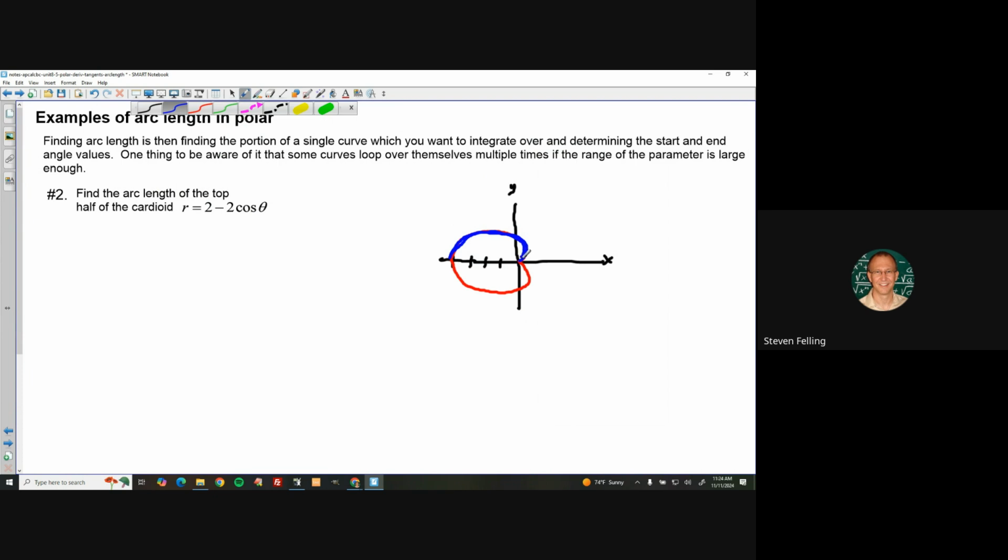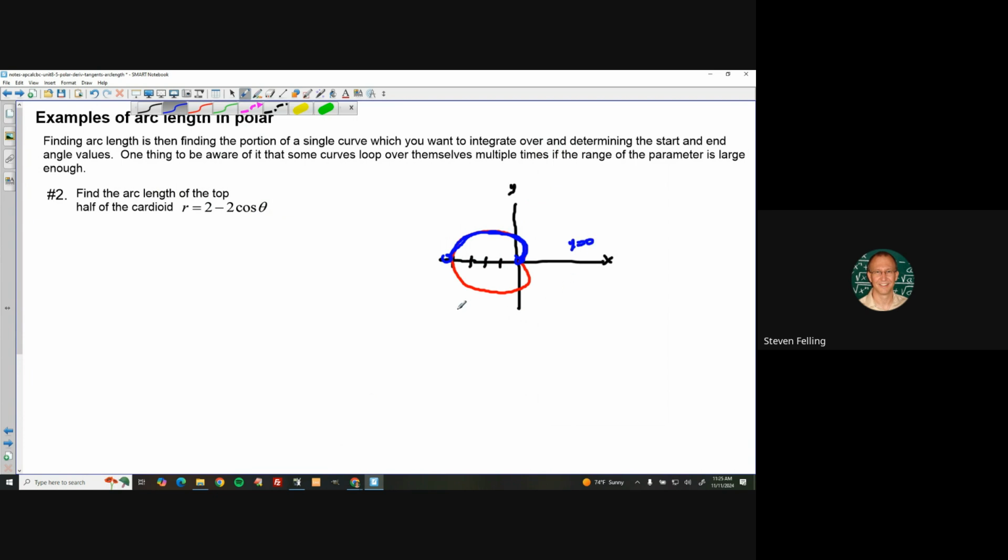Okay, so the first thing is we have to figure out where theta has to start and stop to trace that much out. What I would do for that is you can just experiment in the calculator, but you can also say what's unique about these 2 points are those are places where the y is 0. Right?